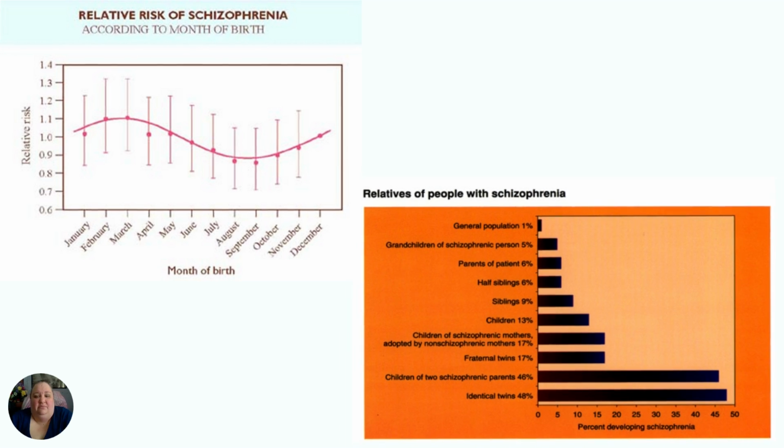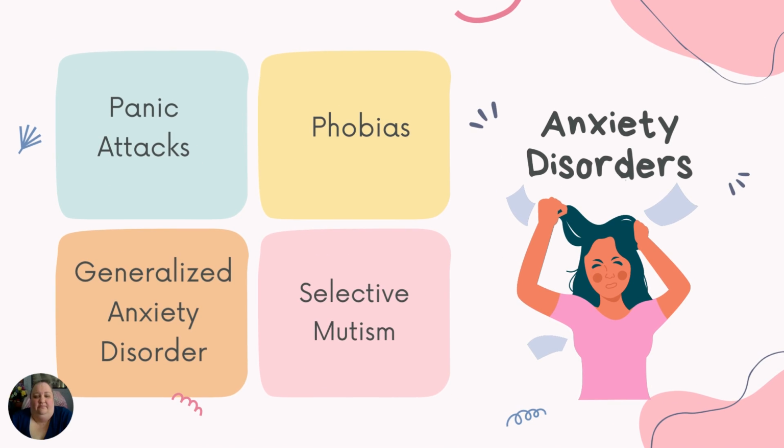So that's pretty high. We also want to talk about anxiety disorders. So we have panic attacks. That's a recurring attack of anxiety, not really due to a specific reason. You have phobias, which are a chronic irrational fear of specific things, like arachnophobia, being scared of spiders, or agoraphobia, being scared of open spaces.